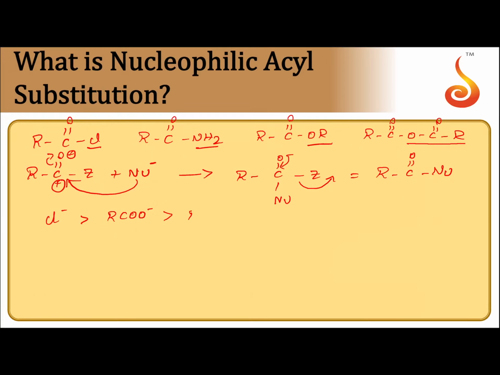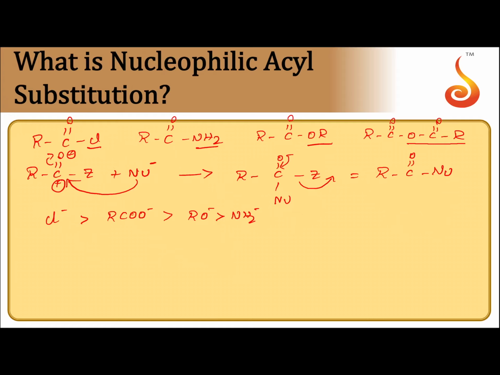Then comes RCOO minus. Then comes RO minus. Then comes NH2 minus. Cl minus and RCOO minus are conjugate bases of acids, so they are weak bases. So weak bases are good leaving groups.